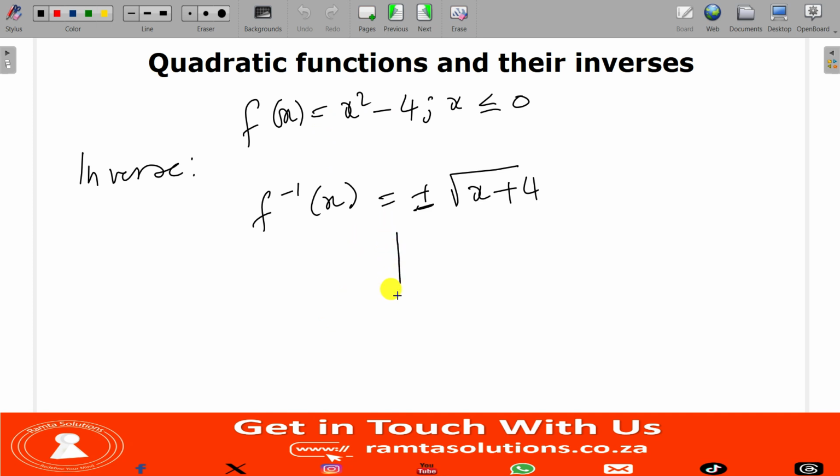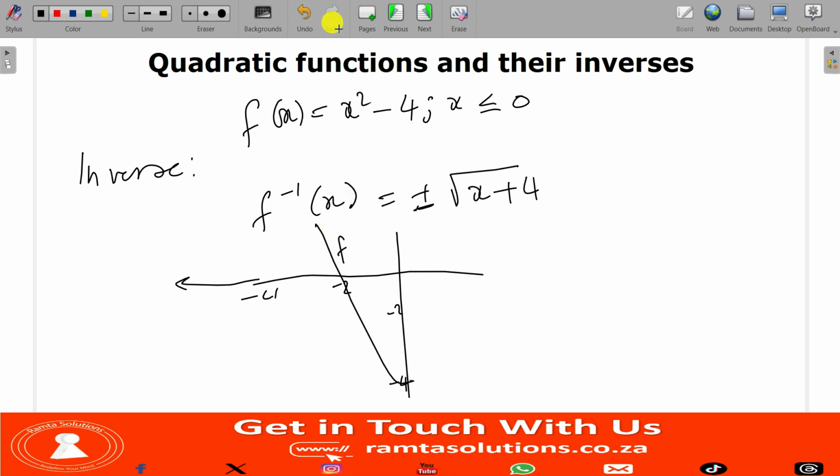I'll need -2 and -4 here, and -2 and -4 there. If you recall, it was something like this.